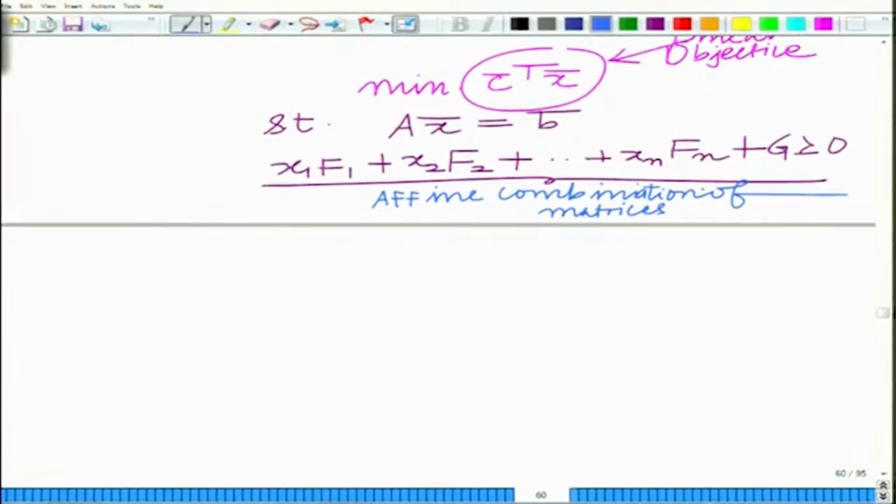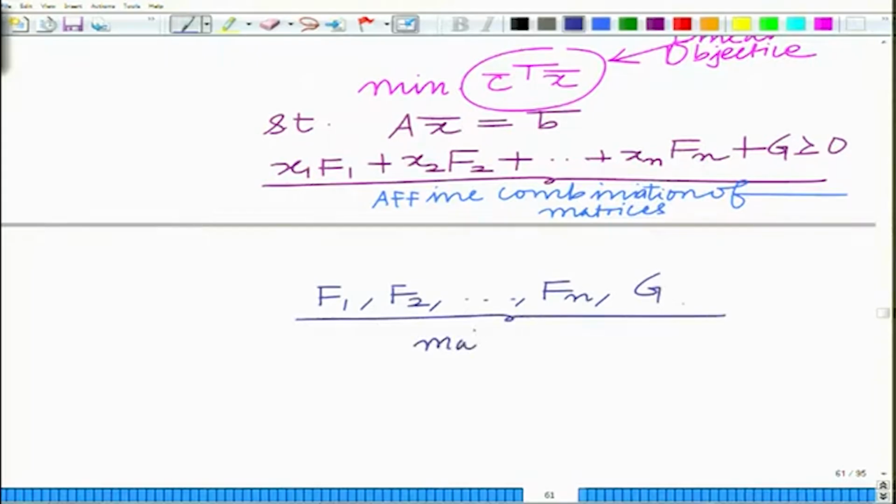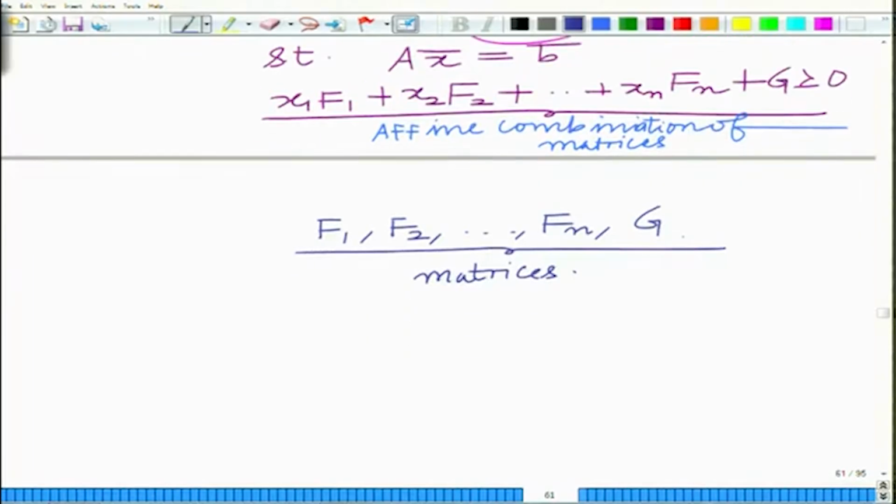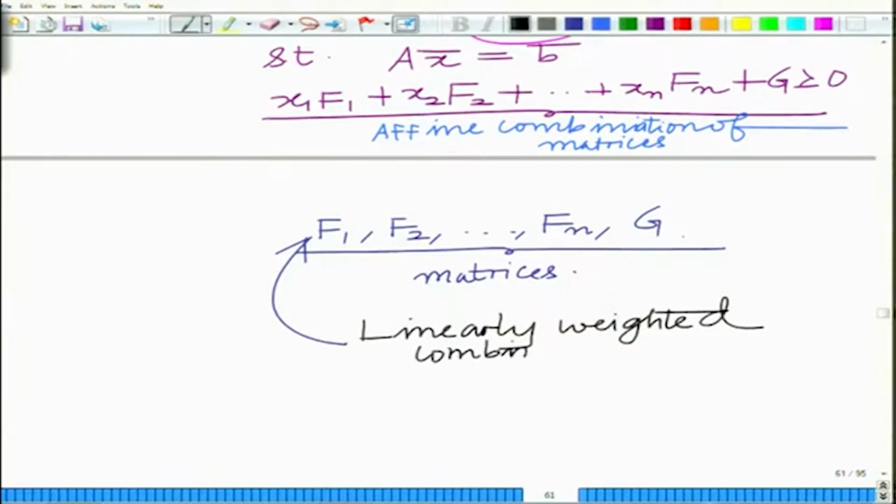That is, you are combining these matrices F1, F2, up to Fn. So, these are matrices, and what you are doing is performing a linearly weighted combination of these matrices.